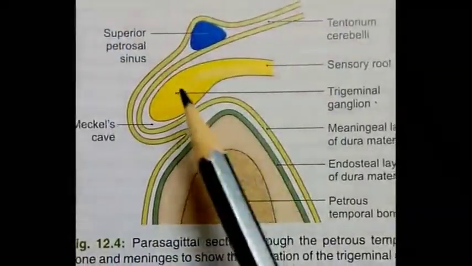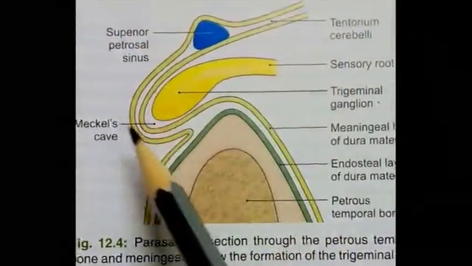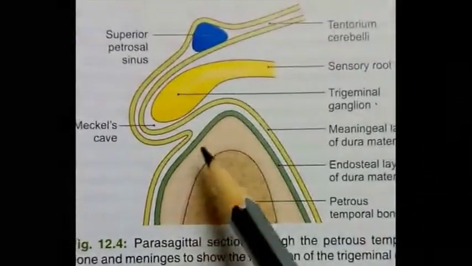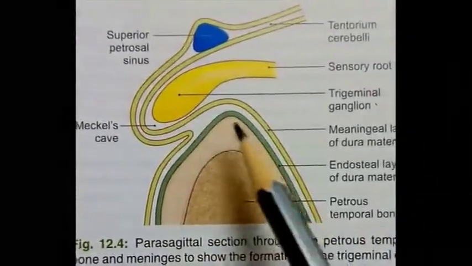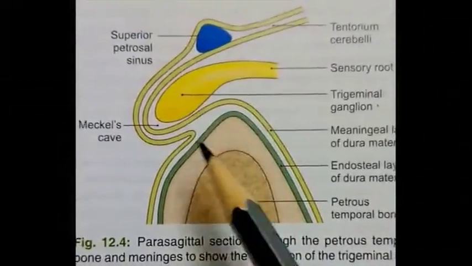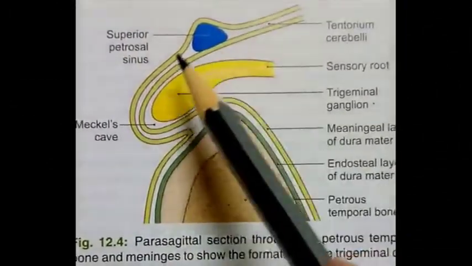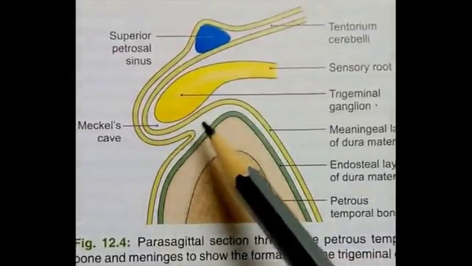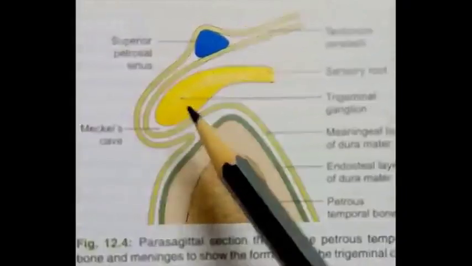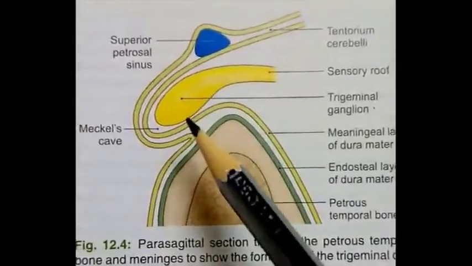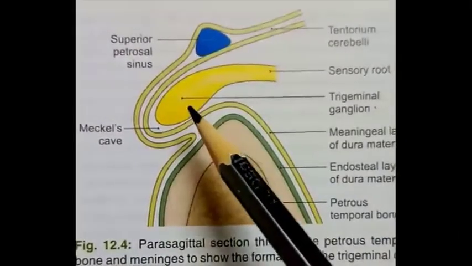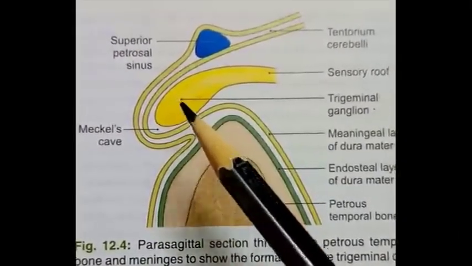Trigeminal ganglion occupies a special space of dura mater. So this is the petrous temporal bone, apical part. In this area, dura mater forms an extension over the trigeminal ganglion in the form of a cave and lodges the trigeminal ganglion within it.